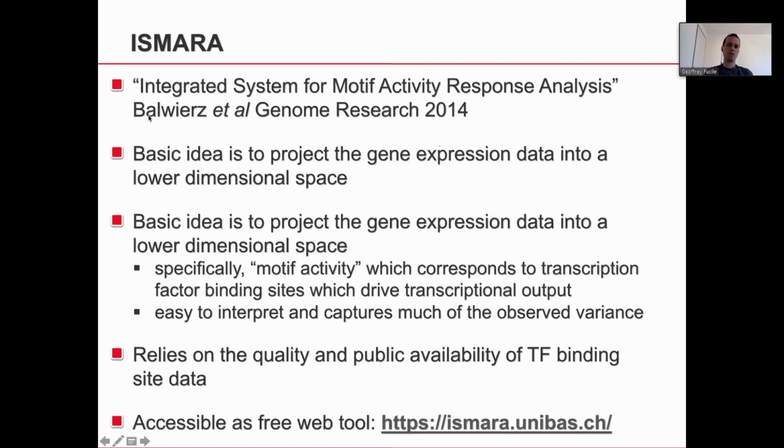This idea was packaged into something called ISMARA that was generated by Erik van Nimwegen's group, also at the Biozentrum. In your spare time, you might want to have a look at this free web tool, because I think it's a really elegant way of looking at RNA-seq data that allows you to explore the transcription factor space rather than trying to make sense of the individual genes themselves.